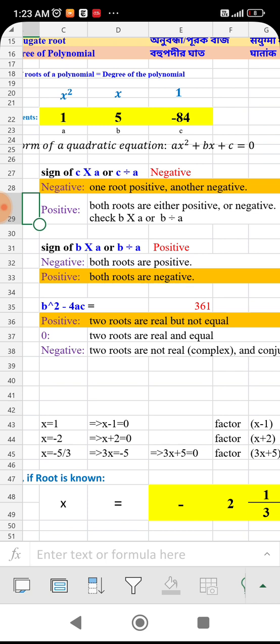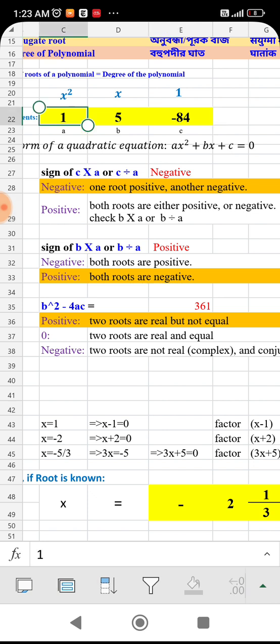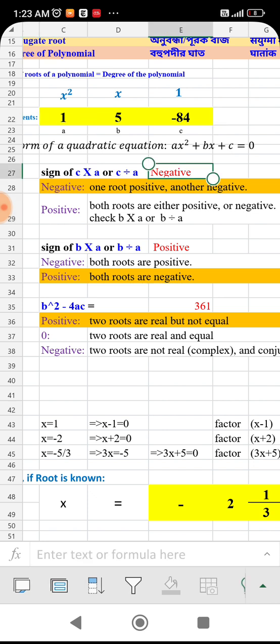If we multiply, this is a minus sign, this is a plus sign, so it is a negative value. If it is a negative value, then one root is positive and another root is negative, and both roots are real, obviously.